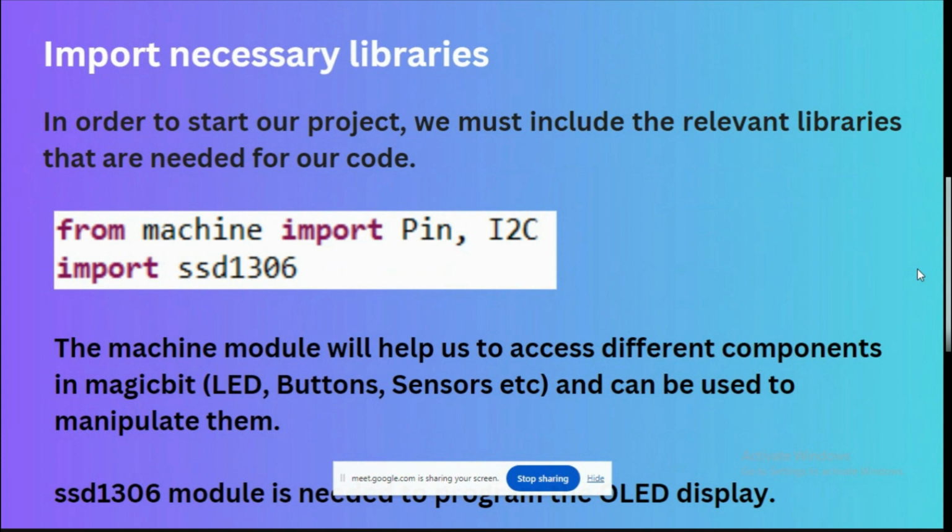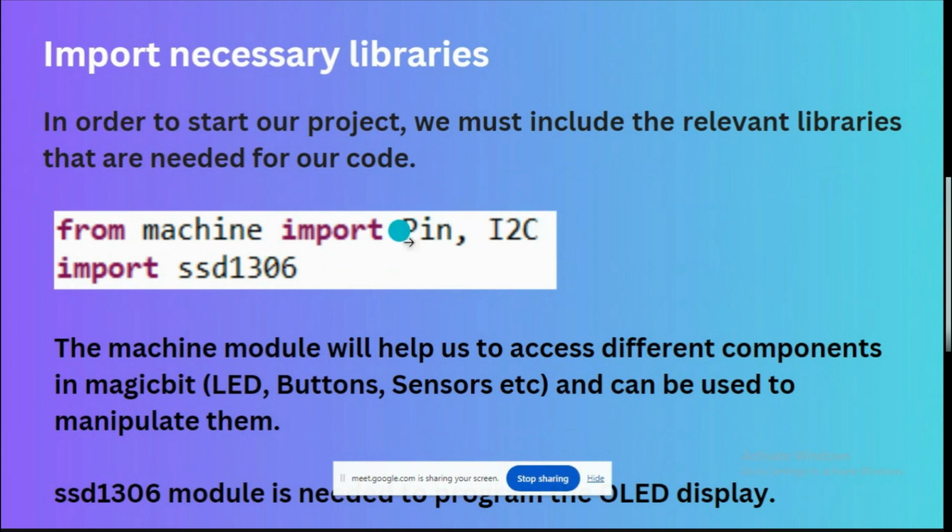We have imported the two libraries in two different ways. In the first line, from the machine library, without importing the whole library, we have imported only two sections: the Pin and I2C sections.